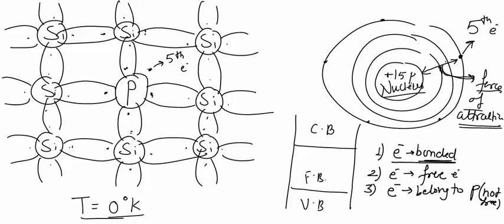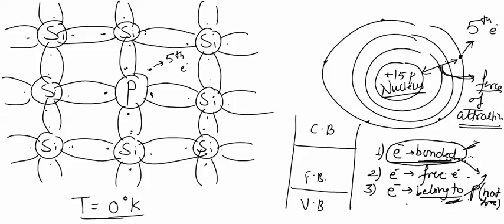This electron also not free. They are not available for conduction. These two electrons are not available for conduction, but they have different energy, because this electron is in covalent bonds, and this type of electron belongs to the phosphorus atom. These three different types of electrons are present in a material which is doped with phosphorus impurity, a pentavalent impurity.